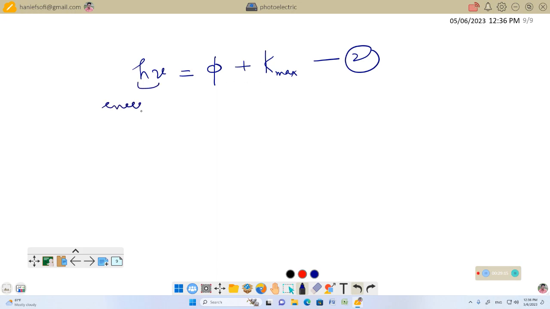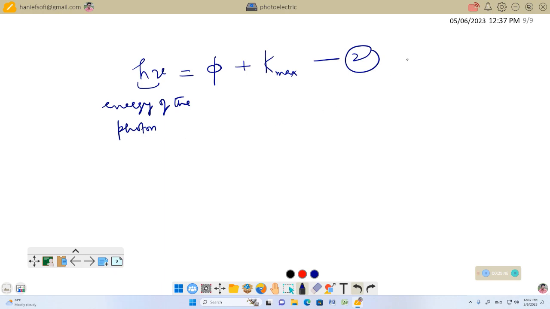It is the energy of the photon, right? So, according to Albert Einstein, this equation 2 says that a single photon carries an energy h nu into the surface where it is absorbed by a single electron.